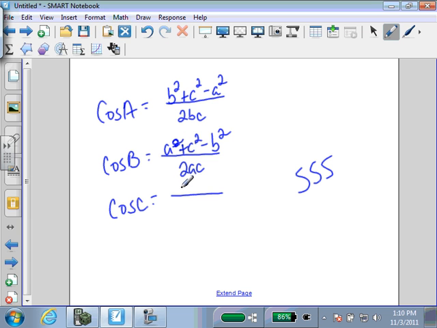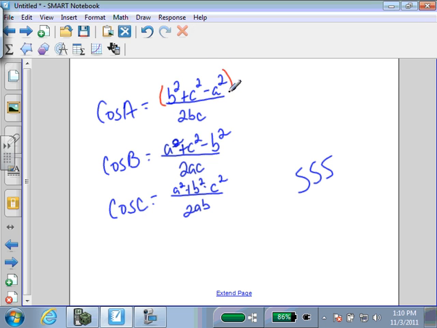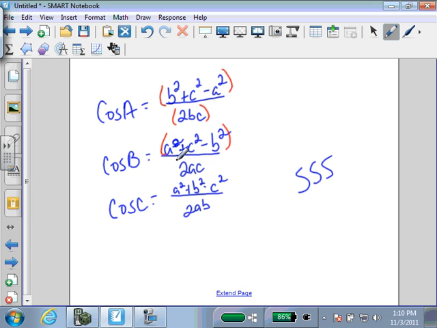And the cosine of angle C is a squared plus b squared minus c squared over 2ab. One note: because your calculator writes everything horizontally, it's best to remember these formulas with parentheses around the numerator and parentheses around the denominator so that the calculator gets them right. Otherwise we're going to have problems.